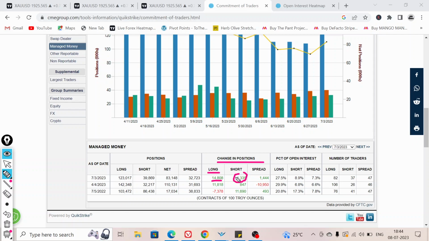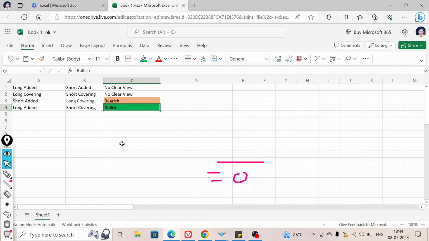For those who are confused and not able to get a view from the data, I have prepared an Excel sheet. You can refer to that data and that view, and apply it by looking at the COT numbers.